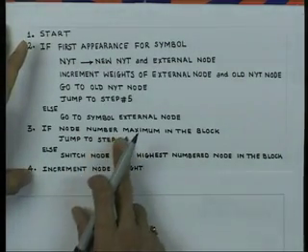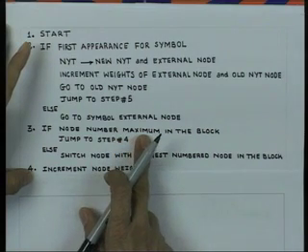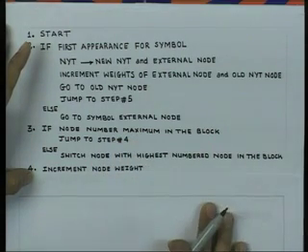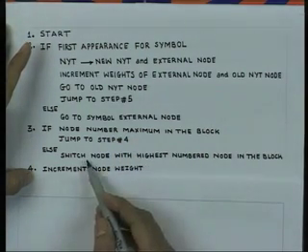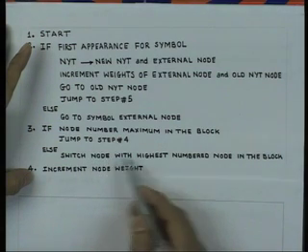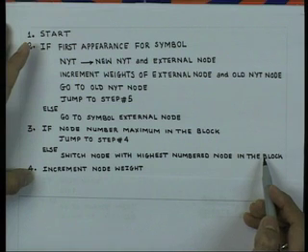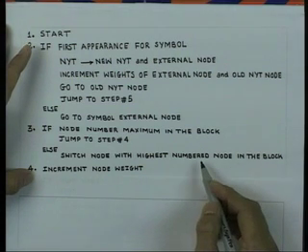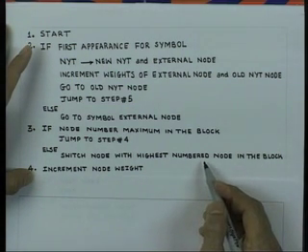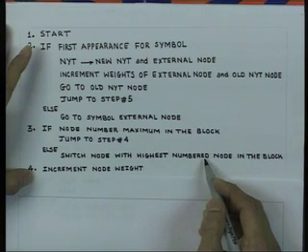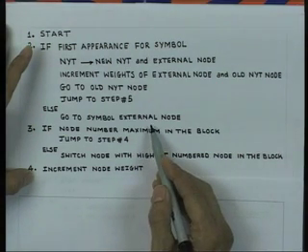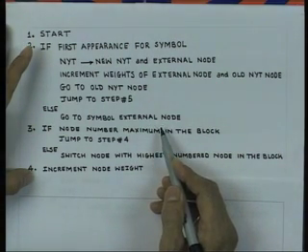But if the node number of that external node is not maximum in the block, then switch that node with the highest numbered node in the block, as long as the node with the higher number is not the parent node of the node being switched.